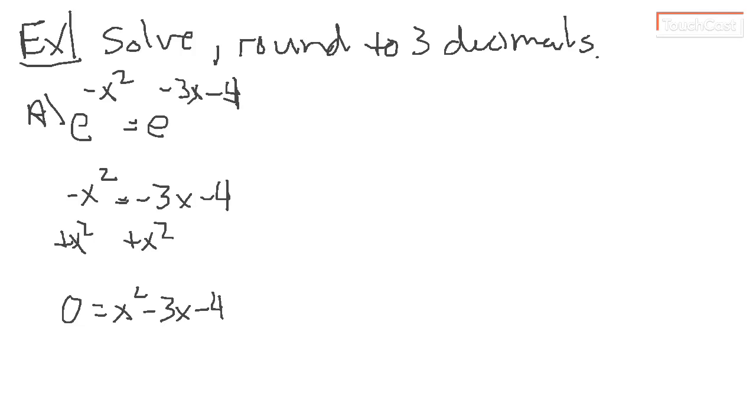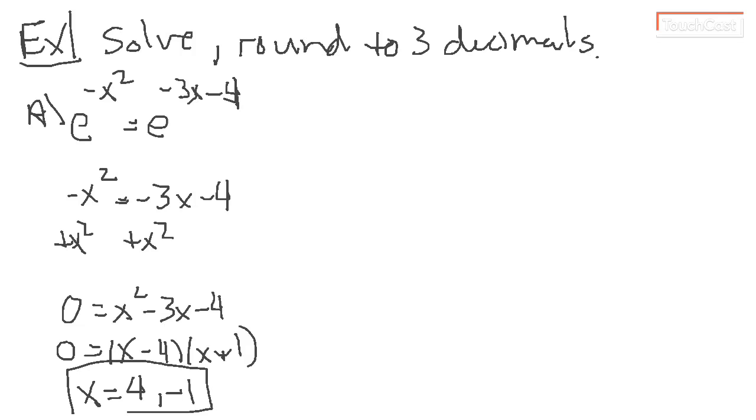I'm going to factor, but you could use the quadratic equation. So when I factor x squared minus 3x minus 4, I know the numbers that multiply to make negative 4, that add to make negative 3, are going to be negative 4 and 1. So I'm going to have x minus 4 and x plus 1. If I set each of those factors equal to 0, we're going to find that x is equal to positive 4 and negative 1. And we have solved that exponential equation.